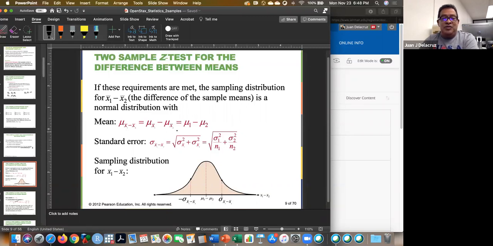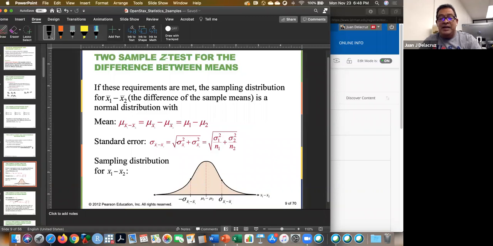So in this case, we need to know the difference. And remember, every time we know the difference, we have to divide it by the degree of variability. In this case, the standard error is going to be something very particular. The standard error is going to be the square root of the variances of each group. So I need to know the variance of my first sample and the variance of the second sample.